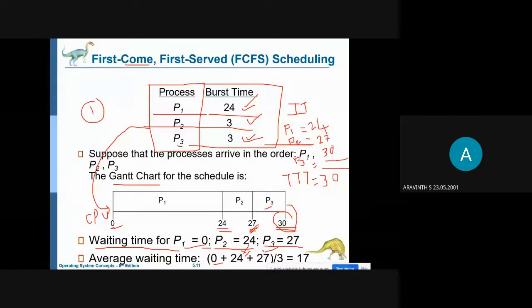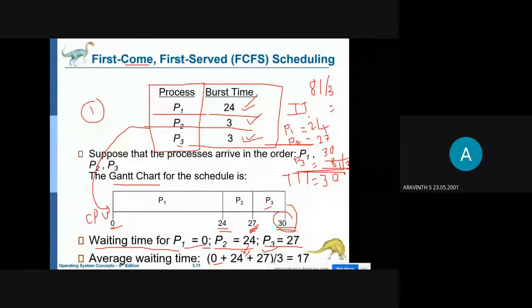So you add them and divide by 3. That results in 81, so 81 divided by 3. The result is called the average turnaround time. Turnaround time for P1 is 24, for P2 is 27, and for P3 is 30.